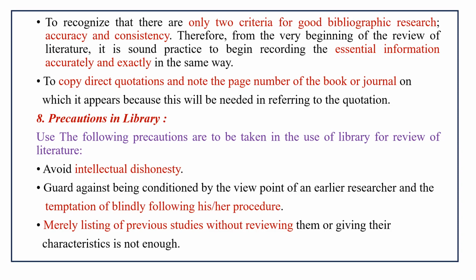Whenever you are writing a literature review, it is always better if you directly take the quotations and note the page number or book or journal. You have to always remember that whenever you are writing a reference, it has to be written in a very particular and specific way.